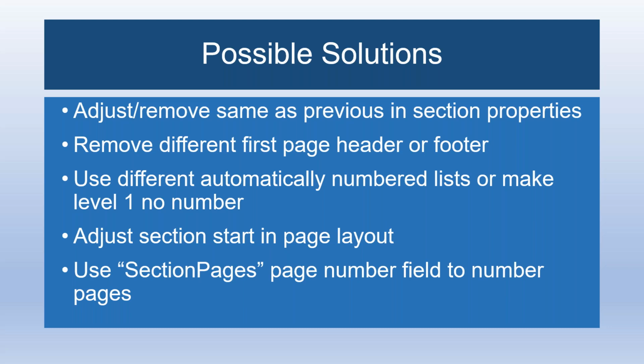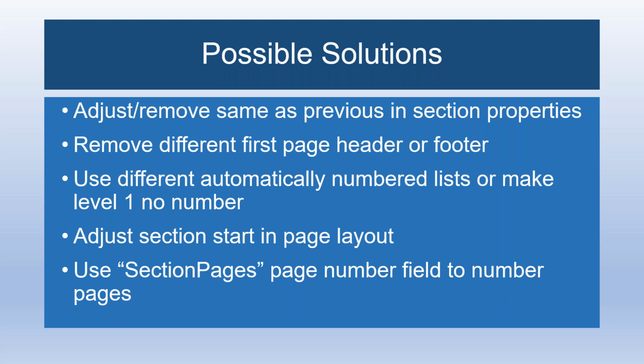And lo and behold, when you assemble the document, you end up with a different header and footer on page 2 and pages following. And there, what you really need to do, unless you really do need a different first page header and footer, is go in, add a page break to your template, and then go into the header and footer properties and uncheck the different first page.